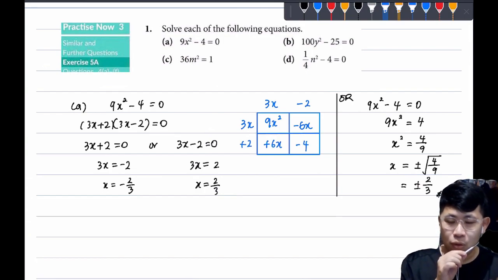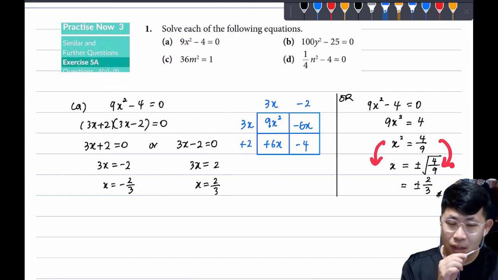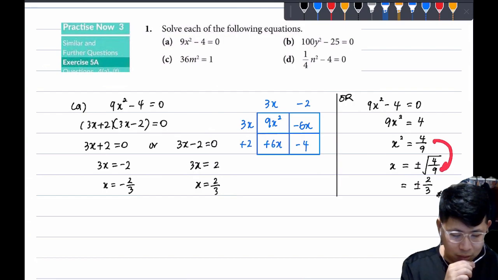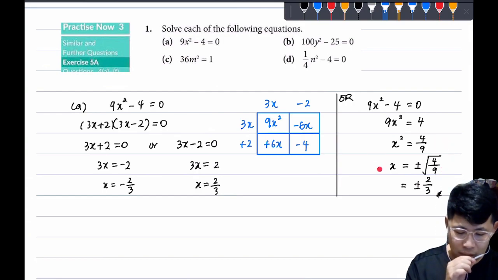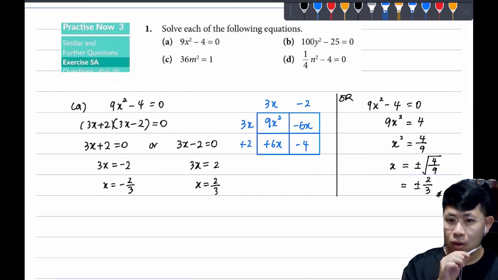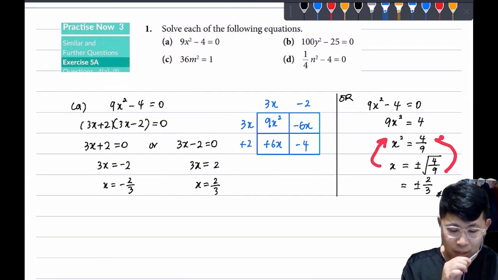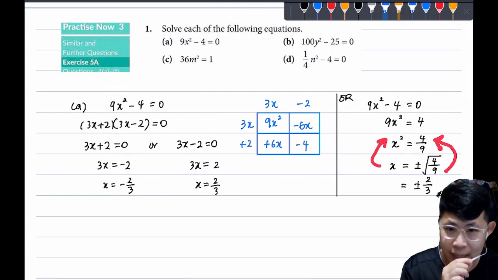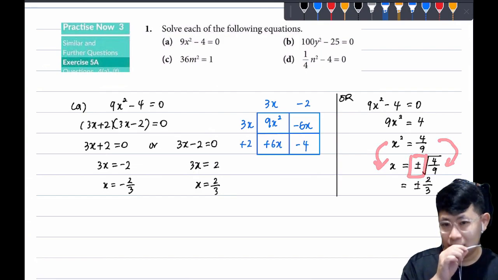So next time you remember, when you want to unsquare something, this number may be a positive number or it may be a negative number, because if you square back, both the positive and negative number will give you a positive number in the end. So this one squared is x squared, and this one squared is confirmed only 4 over 9. Okay, so when you unsquare it, make sure that you include the positive and negative like that.